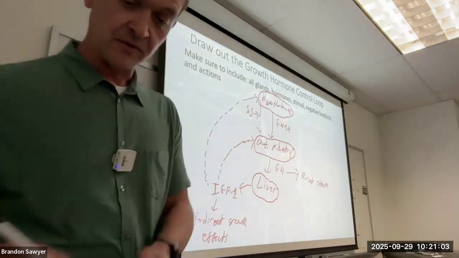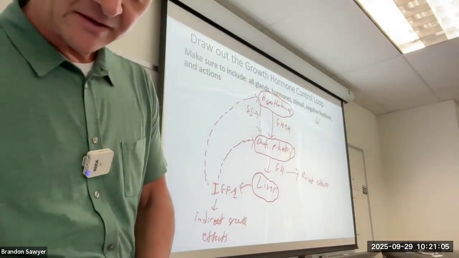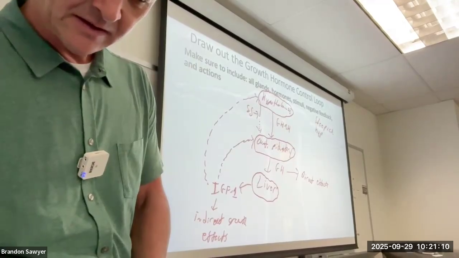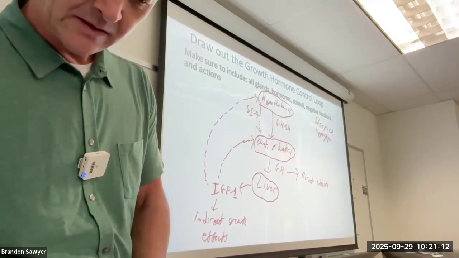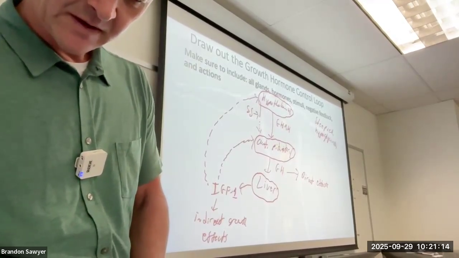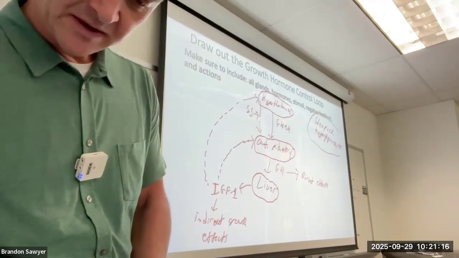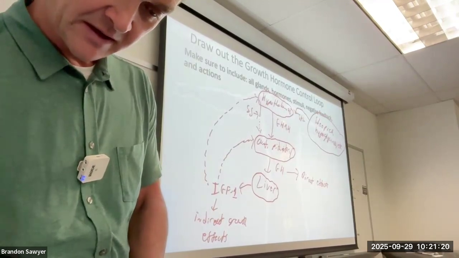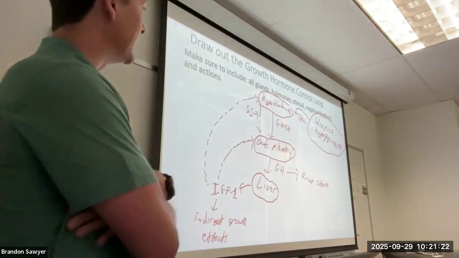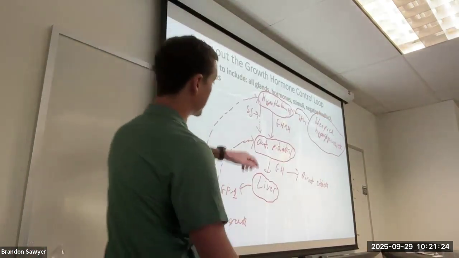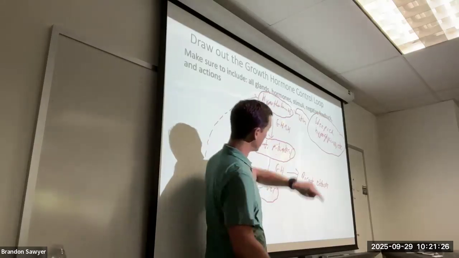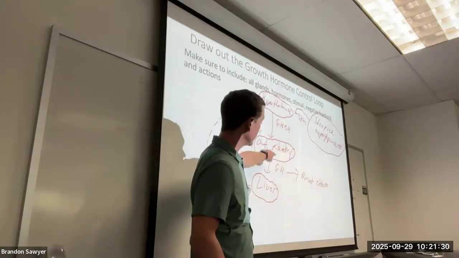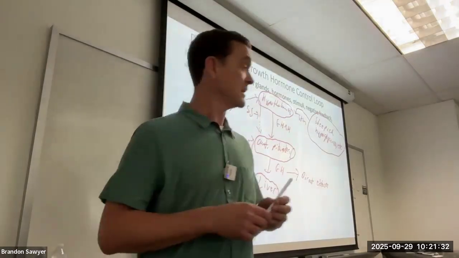So you would really want to put those stimuli in here, sleep, exercise, etc., because that's an important part of this. That's going to tell the hypothalamus to release GHRH, growth hormone releasing hormone. That's going to go to the anterior pituitary and tell it to release growth hormone.